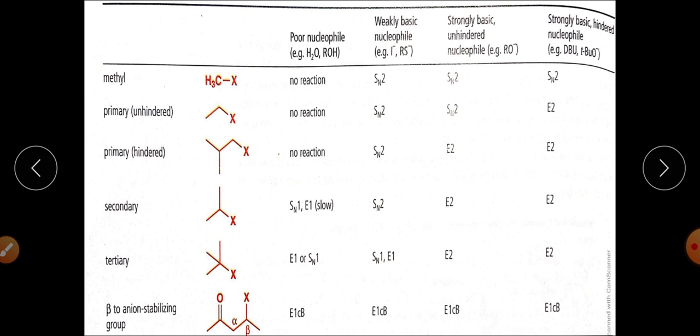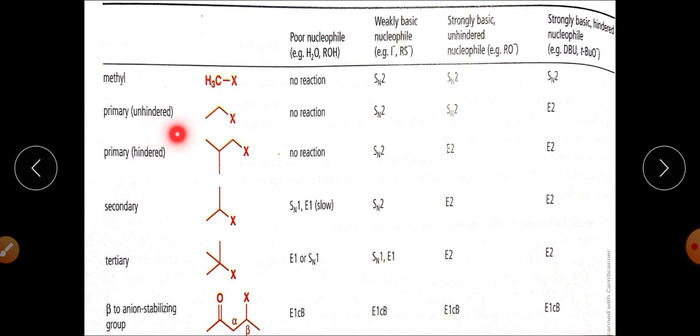You can clearly see, my dear student, that in case of methyl there will be no reaction with the poor nucleophile. Then we are having weakly basic nucleophile, the reaction will proceed with SN2 mechanism. We are having strongly basic condition, unhindered nucleophile we are taking, the reaction will be SN2, and the same mechanism will be followed in case of strongly basic hindered nucleophile.